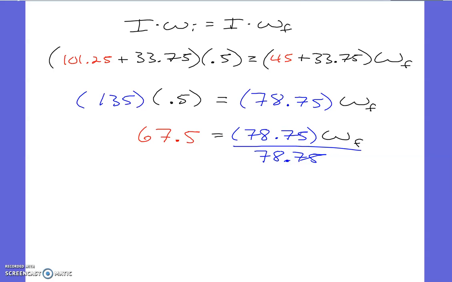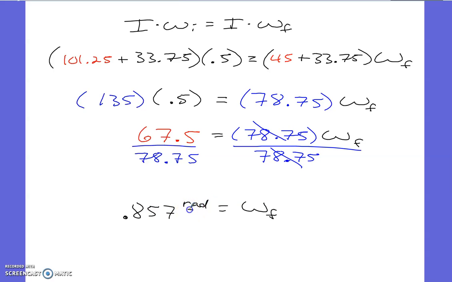We undo multiplication by dividing, and whatever you do to one side, you have to do to the other. On the right-hand side, they cancel out, leaving only the final angular velocity. On the left-hand side, we divide to get 0.857. Of course, we need the units of angular velocity, radians per second.